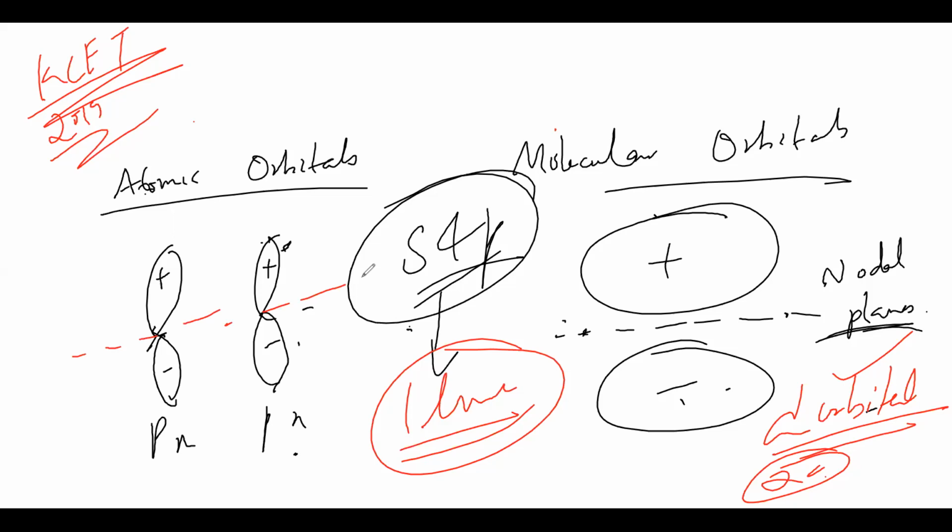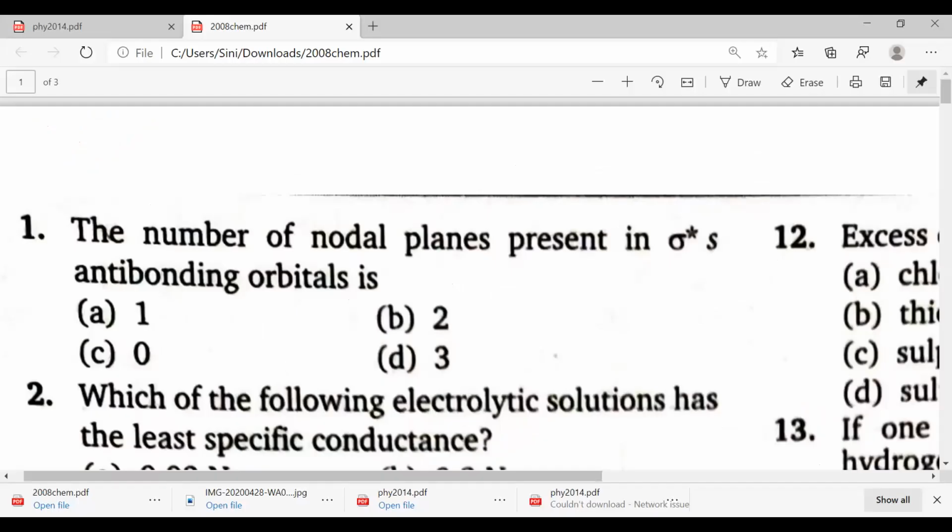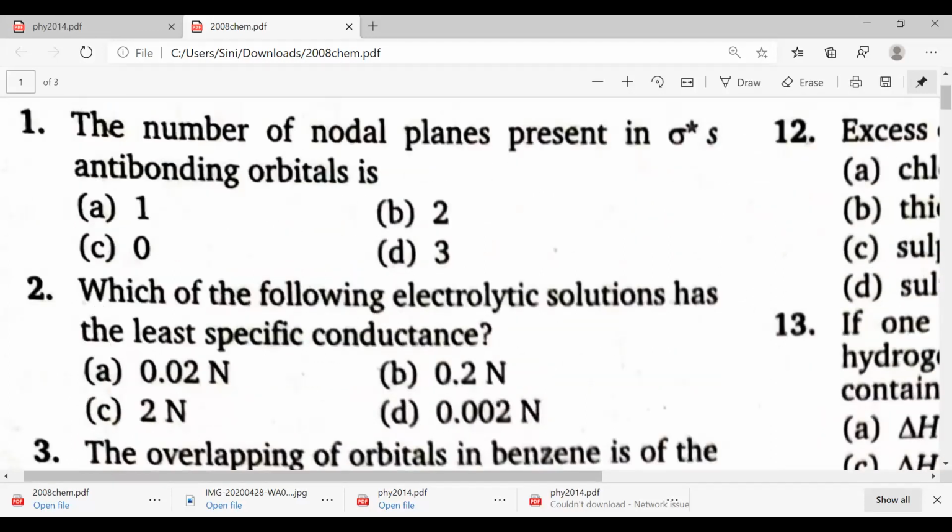So directly write down the answer as 1. That's it, without any thinking. I hope everyone has written down the same thing. There is no need for you to even draw. Nodal plane I just explained for you guys to understand what that is. That's it.